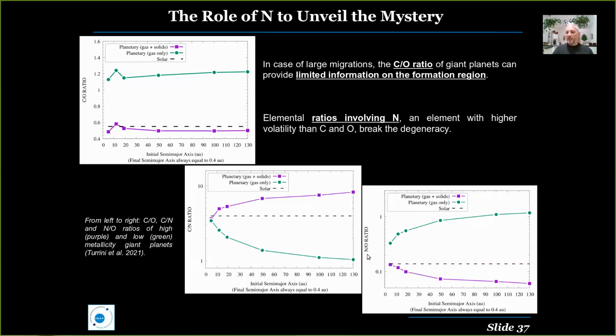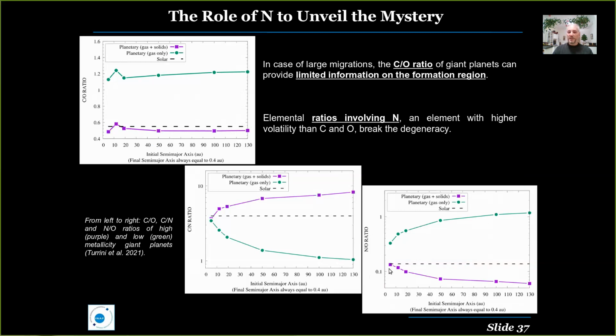This doesn't happen with the N over O ratio, however, because, as we saw, a certain fraction of oxygen is always trapped into rocks. Might be 50 or might be 20%, depending on how close to the star the rocks formed. But while nitrogen is basically all in gas form close to the star, oxygen is always subsolar in the gas, and a fraction is trapped into the rocks, as the meteorites tell us.